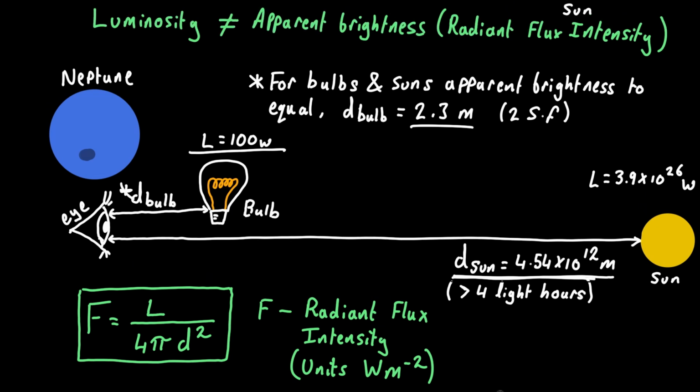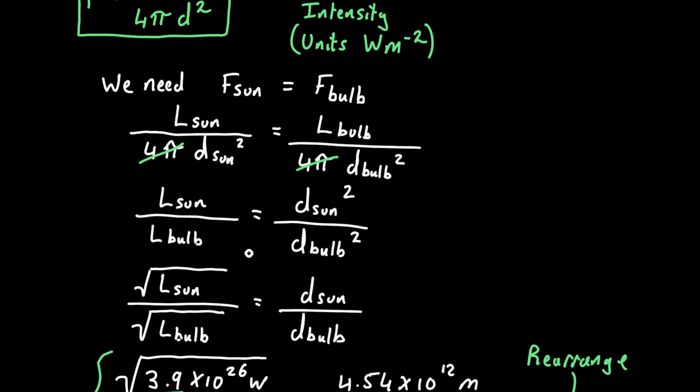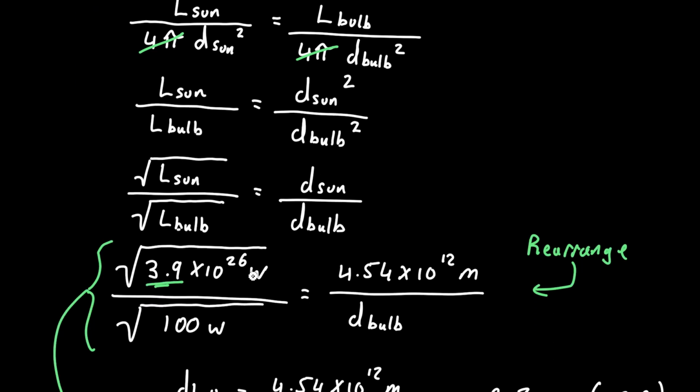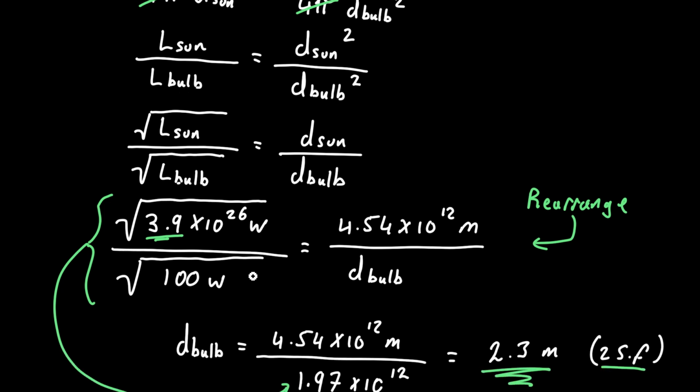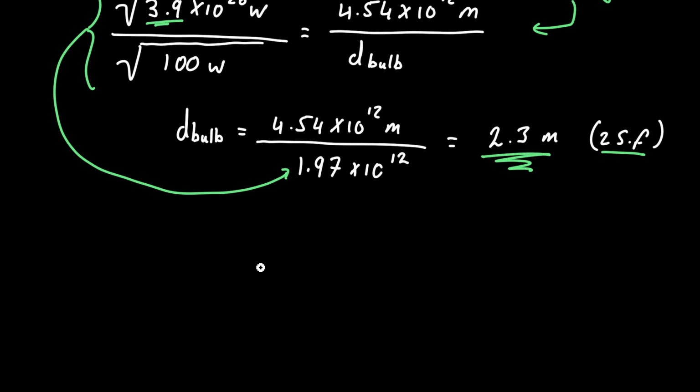Some of the objects we see in the night sky have a definite and fixed luminosity, and we also have electronic detectors that we can use to measure the flux intensity of various objects. And when we have the values of the radiant flux intensity of an object, and we already know its luminosity, we can use our flux intensity equation to find its distance.